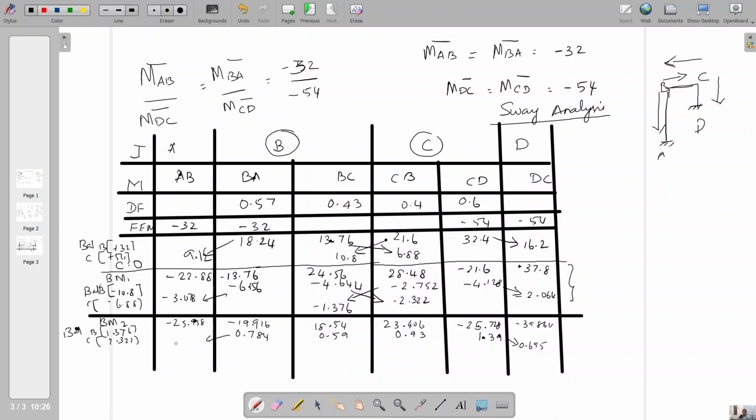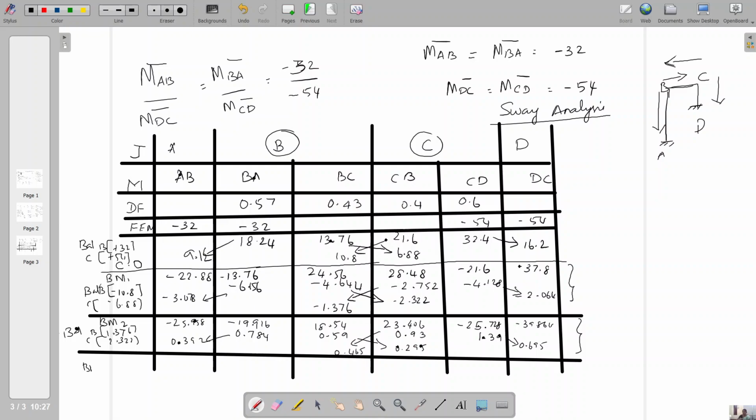Here it is 0.392, and inner carry over 0.295 and 0.465. So you consider these three steps to add the next level of values, bending moment values.